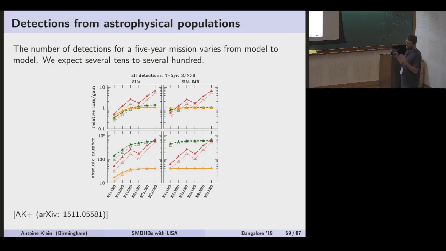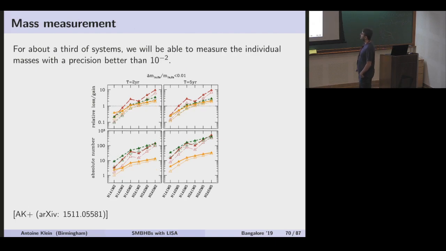That's during 5 years. And in the no delay heavy seeds or in the light seed scenario, we get several hundreds, say 400 to 500 mergers.